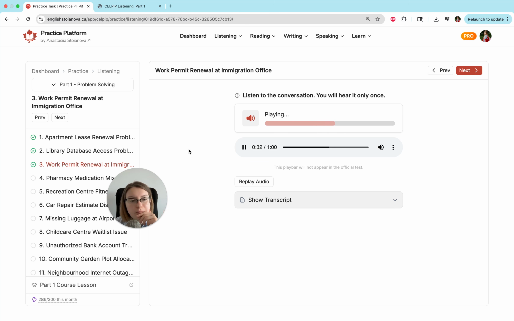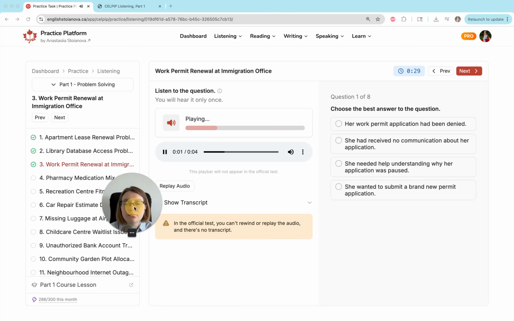Okay, let me take a look. It says here that your application is missing a supporting document, specifically a letter from your employer confirming your current job offer. Oh no, I thought I had included everything. I remember attaching my contract, but I must have missed the employer letter. It happens more often than you'd think. The good news is that this is fixable. It's not a refusal, just a pause in processing.